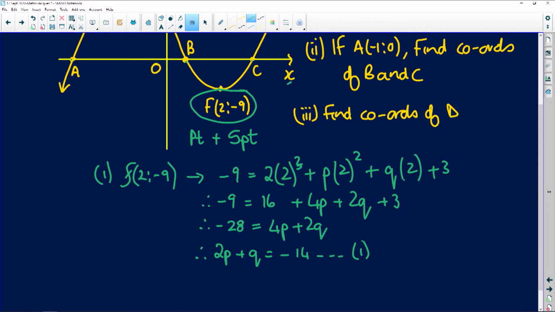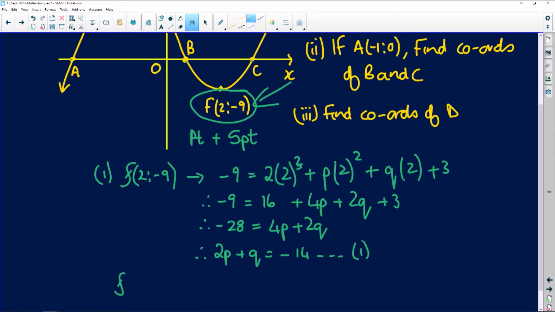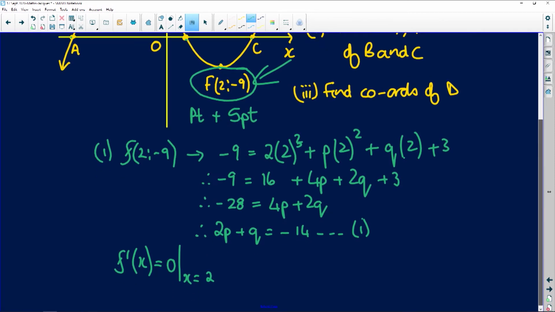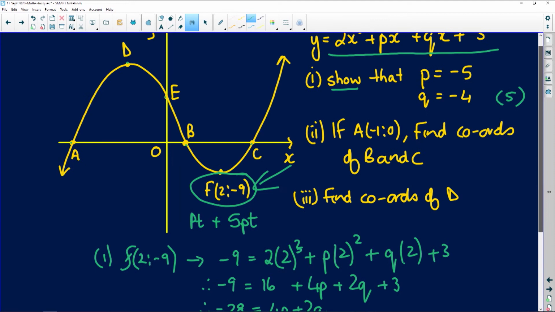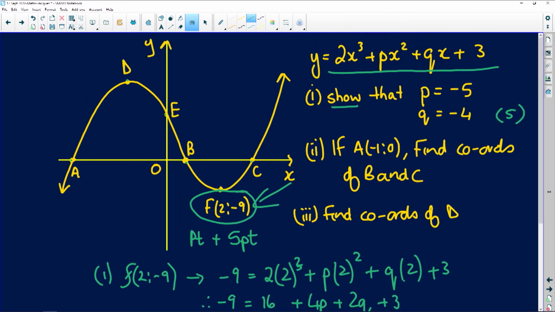Now, because at this point we also have a stationary point, we're going to use the fact that we know that at stationary points, derivatives are 0. So let's say that. At this point, the derivative of my function is 0, where x is equal to 2, because it's at that point. So if I then go to my function and I differentiate it, now remember, we're differentiating this function up there.